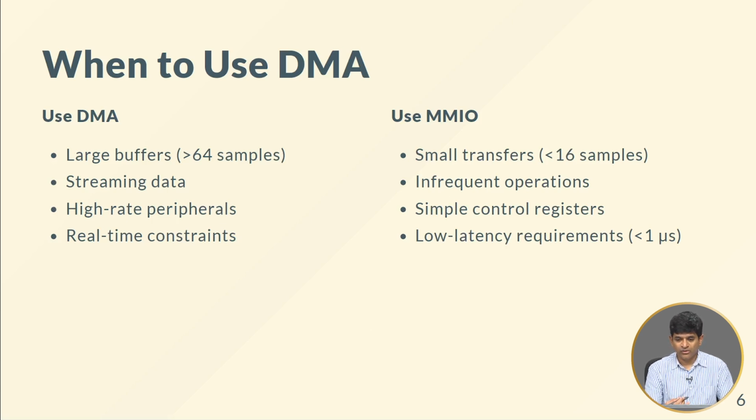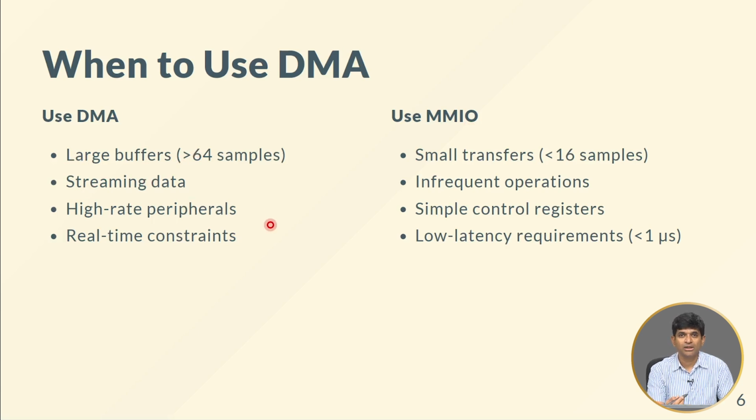So we will work through a few more examples in some detail, but as a high level overview, you can think of two ways of transferring data. One of them is using DMA, the other is using memory mapped IO. And DMA we typically prefer for large buffers. Now just like in the case of polling versus interrupts, what constitutes large is very subjective.